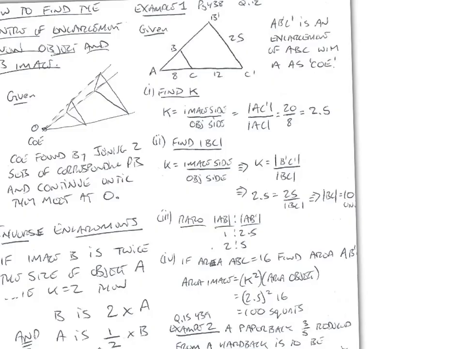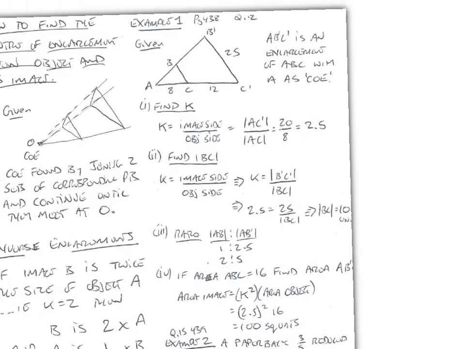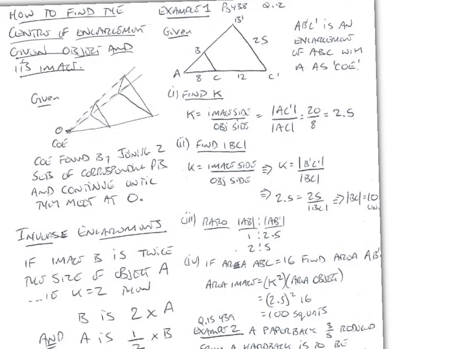And a couple of typical examples of problems that you'd meet with from this chapter. So the first one, we have two triangles, the triangle ABC and AB'C'. AB'C' is an enlargement of ABC where A is the centre of enlargement. We're asked to find K. Well, how do we do that?